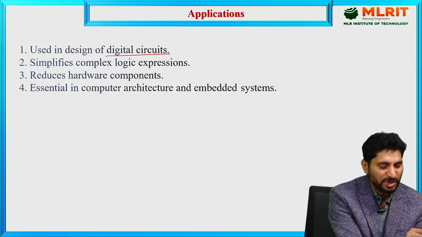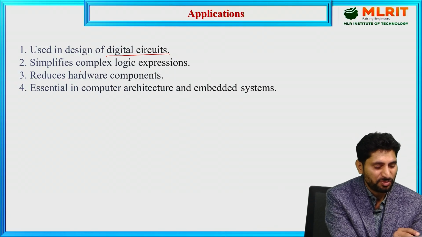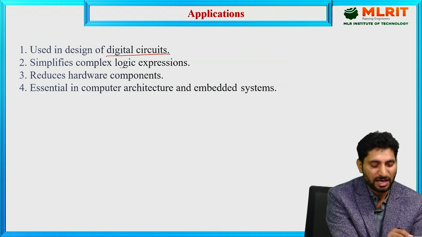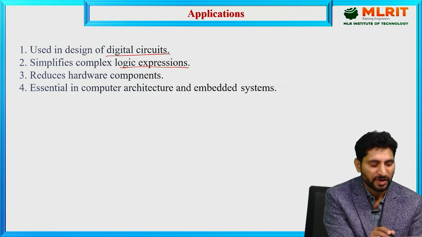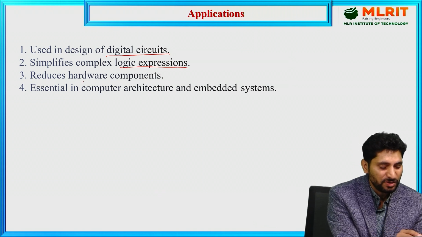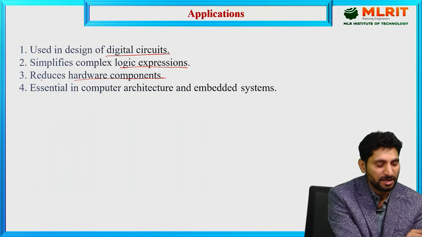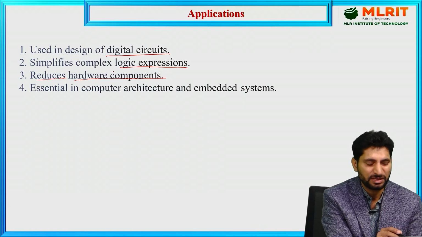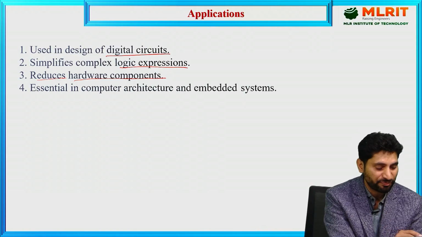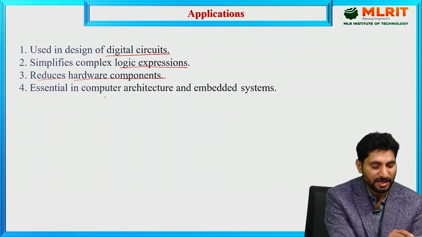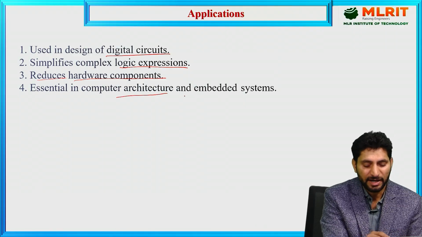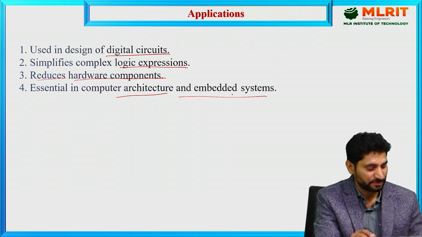They simplify complex logic expressions. And wherever you want to reduce the hardware components, there also you can use them. And it is essential in computer architecture and embedded system designing.